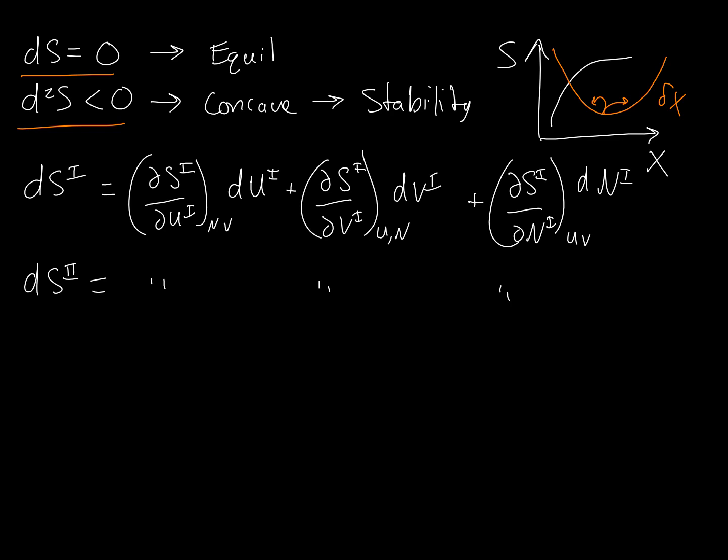We can do the same thing for ds2. Now we want to apply this criteria, d squared s is less than 0.